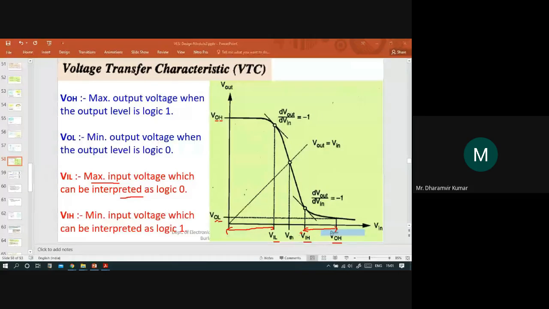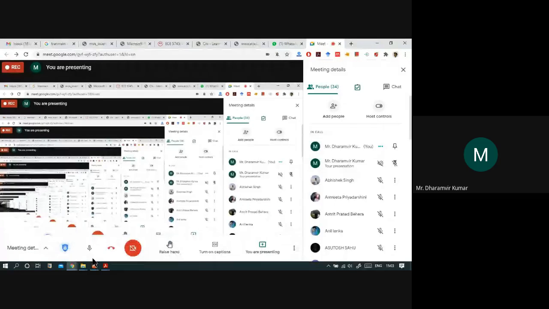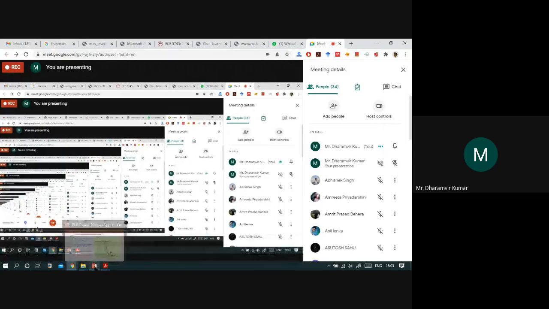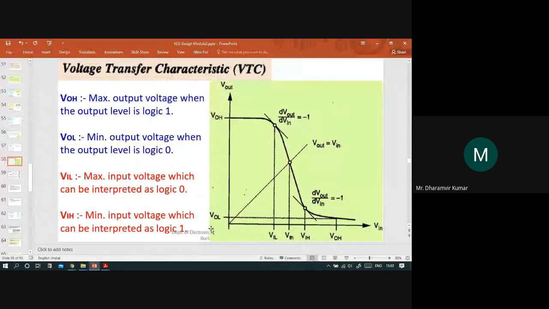So VIH can be defined as the minimum input voltage which can be interpreted as logic 1. This is how these four parameters, VOH, VOL, VIL, and VIH, are defined in this VTC characteristic.